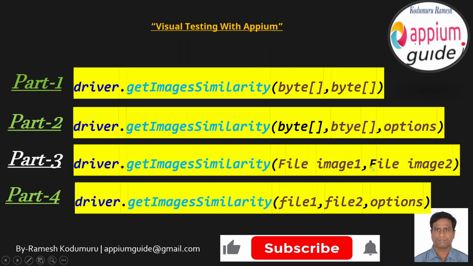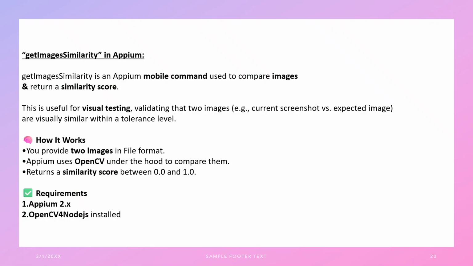First, let's understand what exactly the getImagesSimilarity method is all about. This is one of the Appium built-in methods used to compare two images and return the similarity score. This method is useful for visual testing, validating two images, that is, the actual image compared to the expected image.